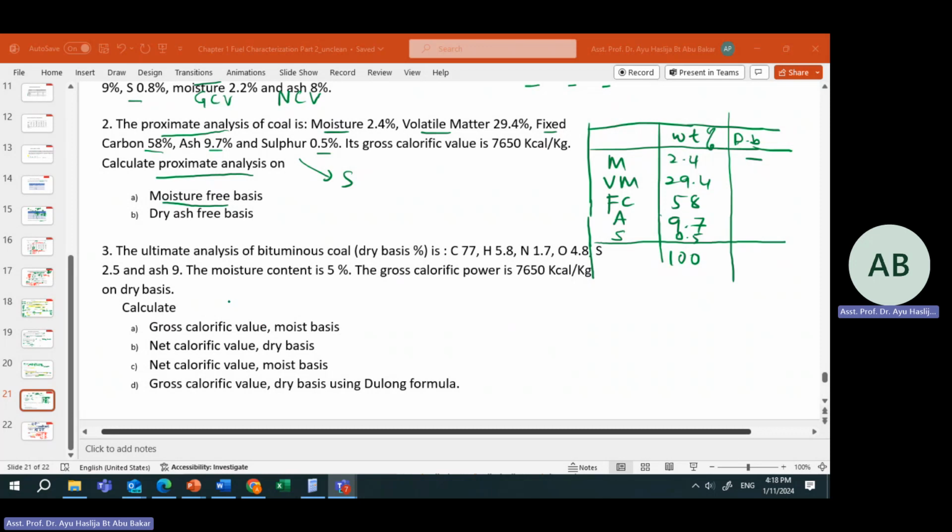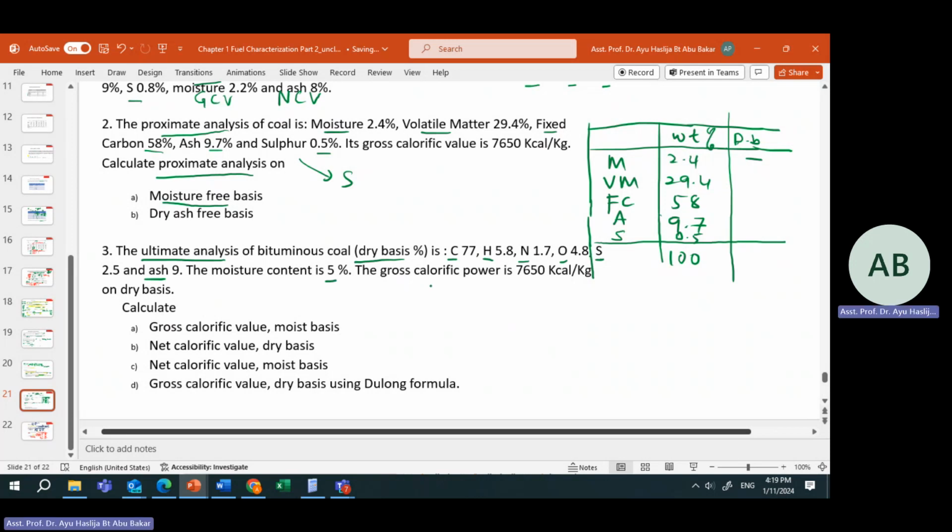Okay, can we proceed to number 3? For number 3, the ultimate analysis of the coal is given in dry basis. So it has C, H, N, O, S, and H. Moisture content 5%.